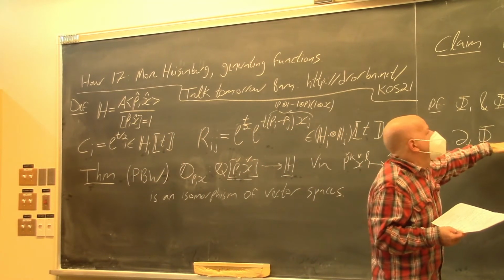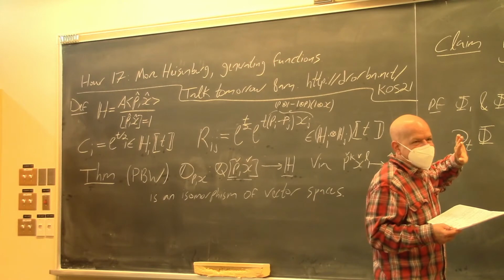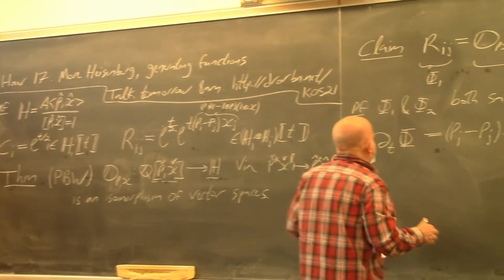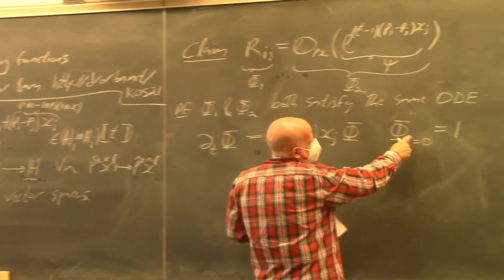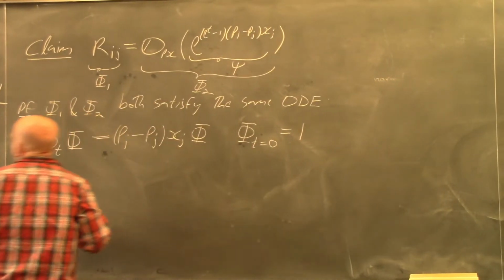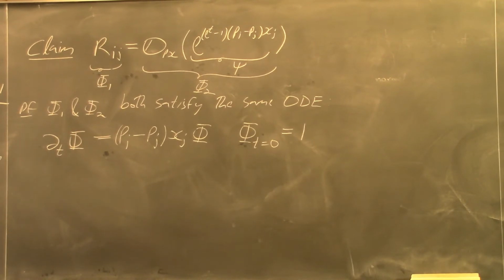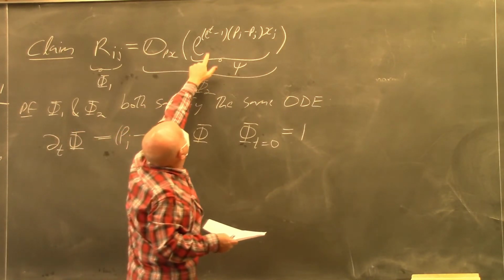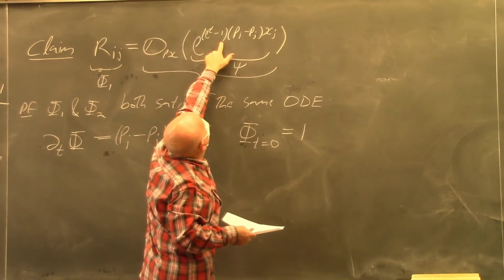So I want to concentrate on deriving this. Okay? So why is this true? So, okay, this one is trivial. If you take Rij and substitute t equals 1, you immediately see you get 1. There's nothing to check. Likewise, on the right-hand side, if you set t equal to 1, you get e to the 1 minus 1.